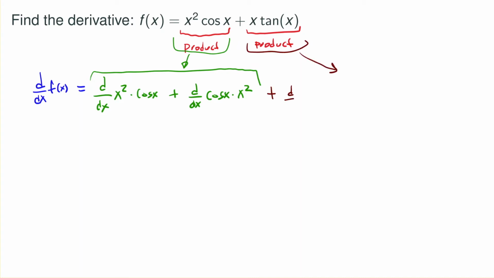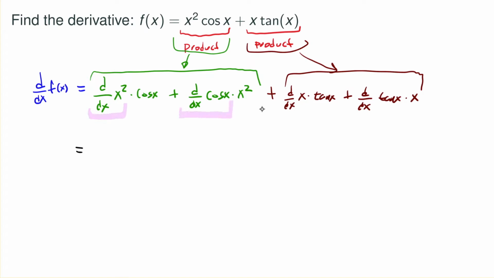Plus the derivative of x, applying the product rule again, times tangent x, plus the derivative of tangent x times x. So on the next line, let's just take the derivative of each of these. Let me highlight here. So we're taking the derivative of this, this, and this.